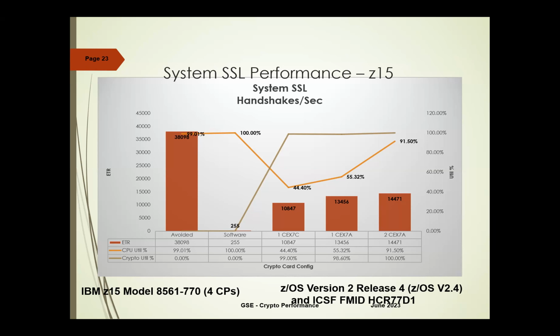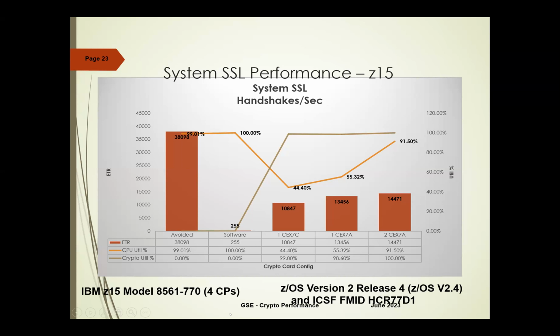And what it's showing here is that if you don't have any crypto hardware, then you're going to be using this second column to do the handshake. You're going to be using software. That is, System SSL has implemented RSA encryption using move characters and multiply and shift logical instructions.